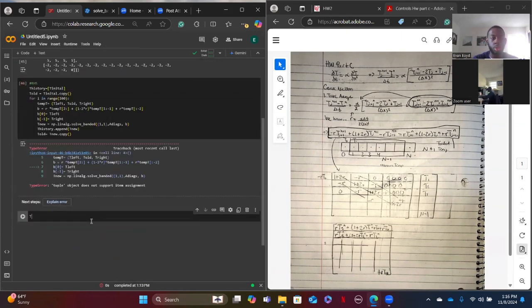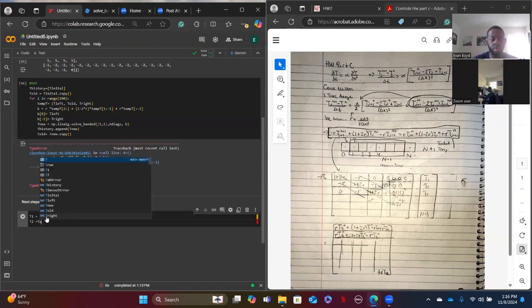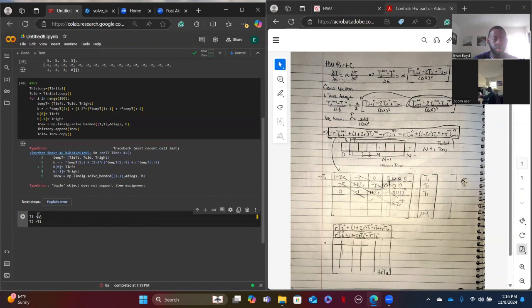So let's say we had T1 is equal to A. And then we say that T2 is equal to B, is equal to T1. So now we know how to do this. Don't start tweaking.